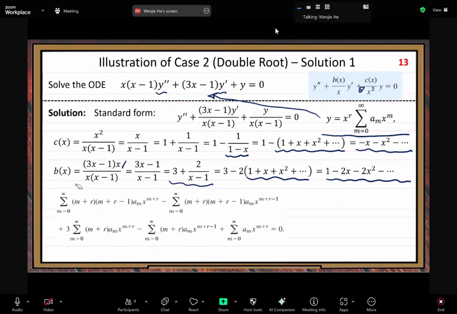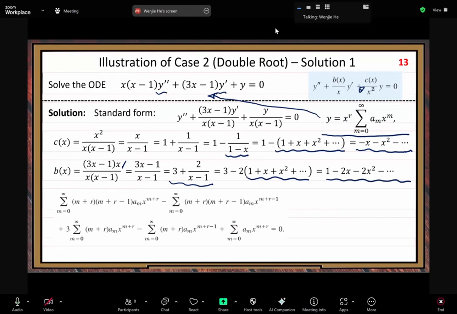First, when you take a derivative, here it's a product: this power function multiplied by a power series. If you use the product rule to take the derivative, then it's too complicated. So the simplest way, you do not apply the product rule.